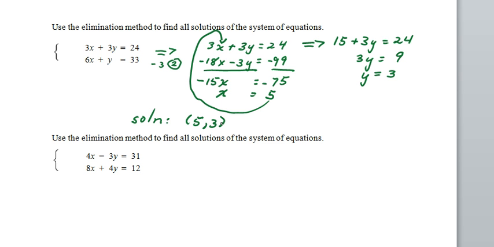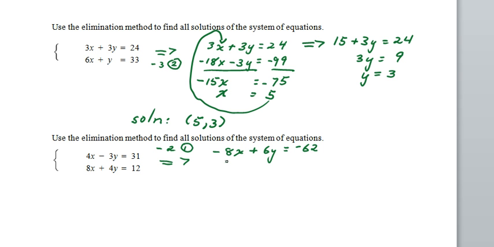And in the third example here, I'm going to multiply the top equation by negative 2 times equation 1. That's going to give me negative 8x plus 6y equals negative 62.